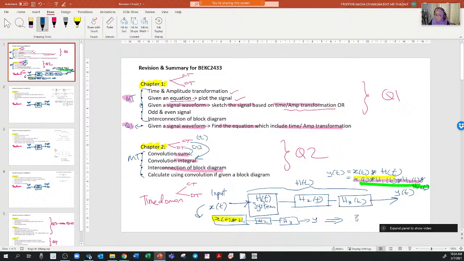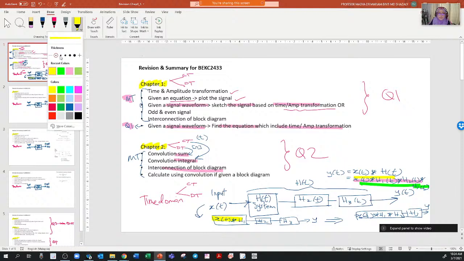It will become x convolve with h1, convolve with h2, and then this one is h3, and then output y.